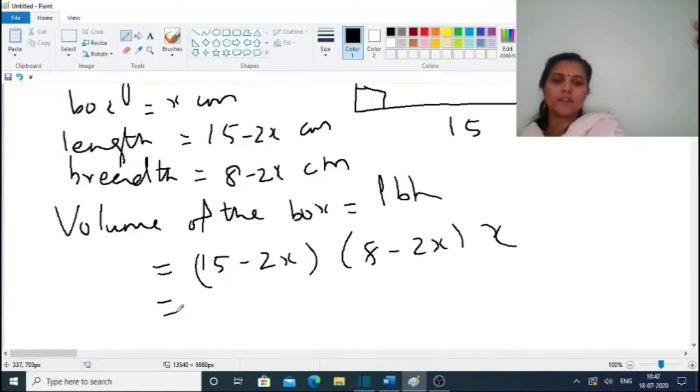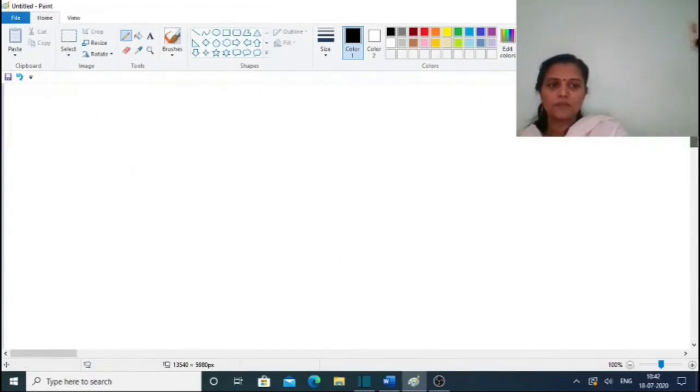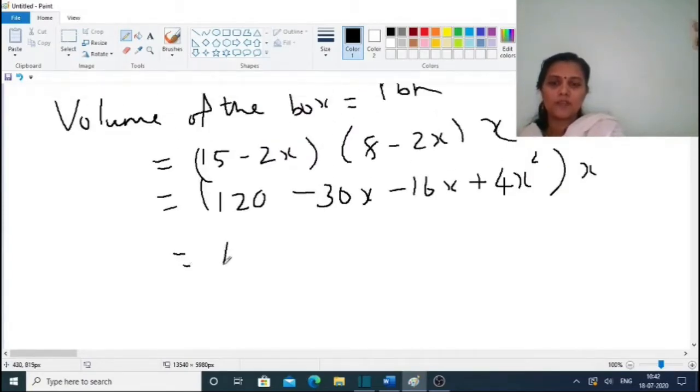When we expand this, 15 minus 2x into 8 minus 2x, this is 15 into 8, 120 minus 30x minus 16x plus 4x square, into x. When we simplify, let us first write the x cube term: 4x cube minus 46x square plus 120x.